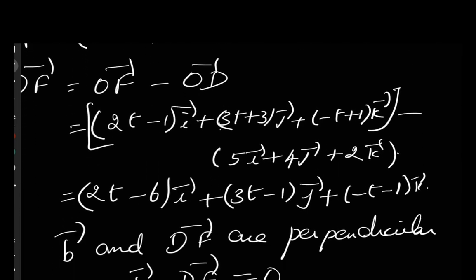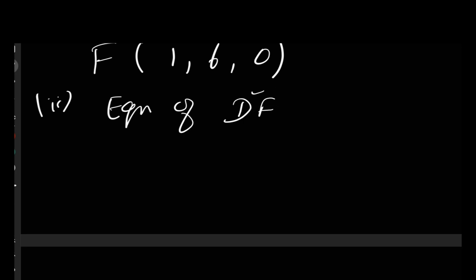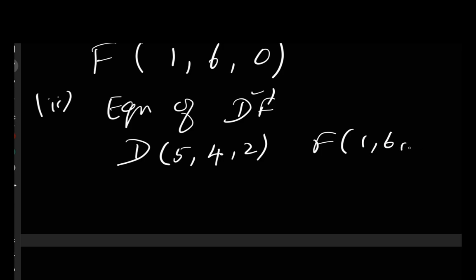Now we have to find the equation in the second question: the equation of the perpendicular line DF. We know D is (5, 4, 2) and F is (1, 6, 0). Take these as (x1, y1, z1) and (x2, y2, z2).